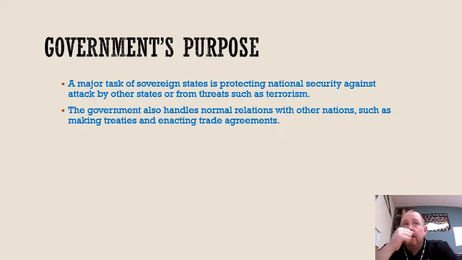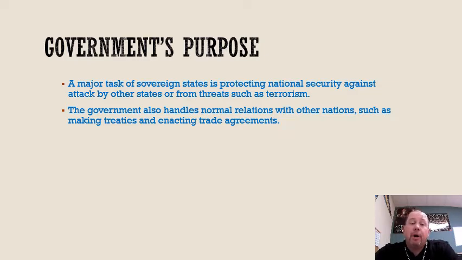So again, the major task in that first bullet point here is what I was just talking about, right? The government is going to provide security against foreign entities, terrorism, things that I would be incapable of doing myself, right? I might be able to protect my own home from a single intruder, but if an army were to invade my property, there's nothing I'm going to be able to do about that.